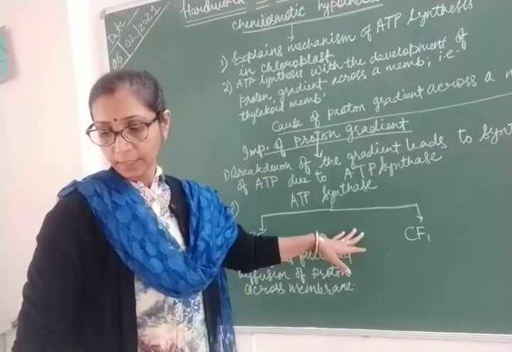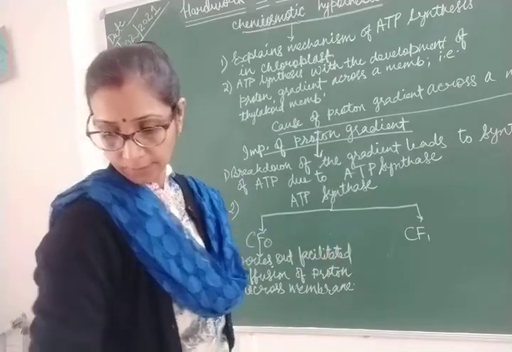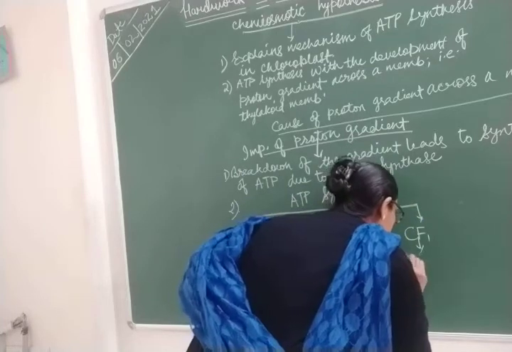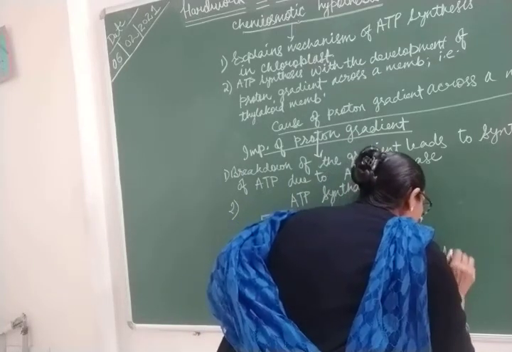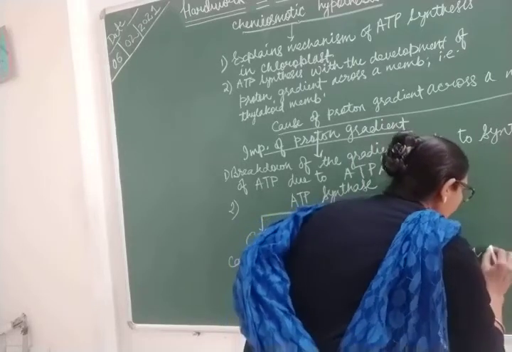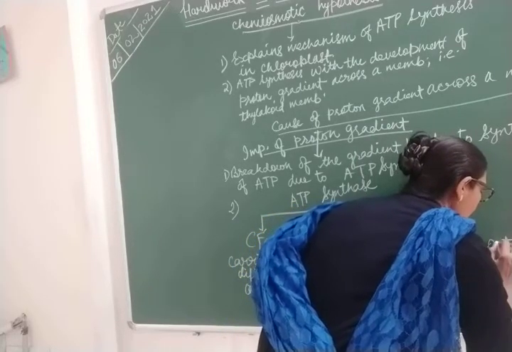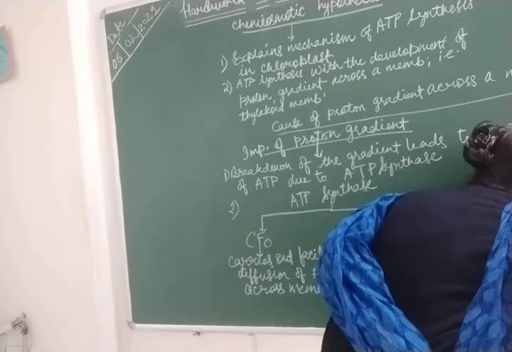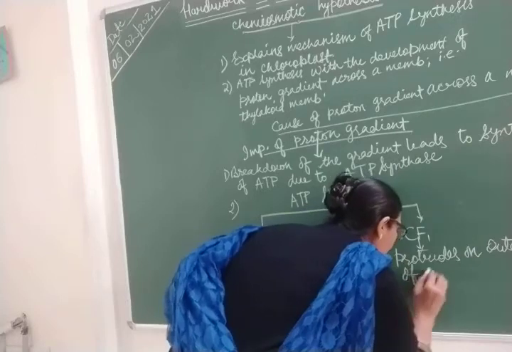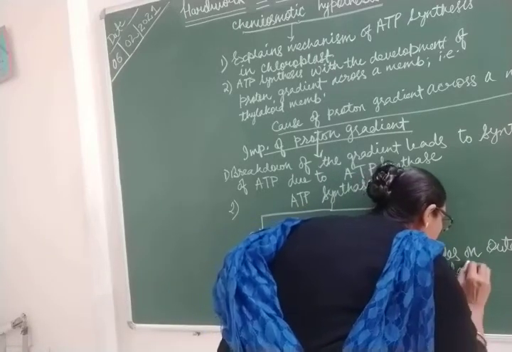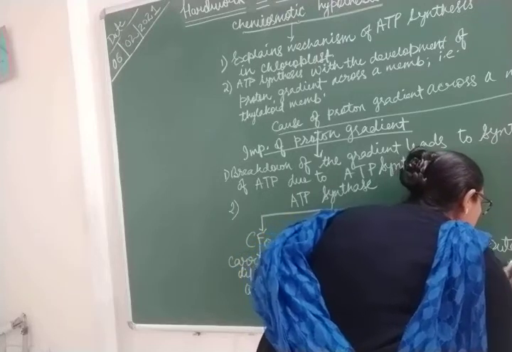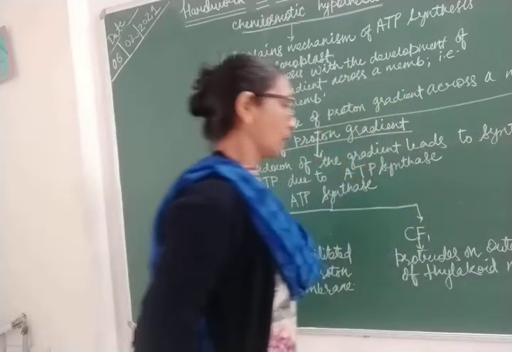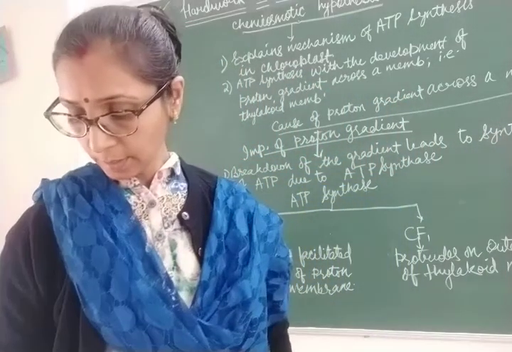And the CF1 protrudes on the outer surface of the thylakoid membrane.